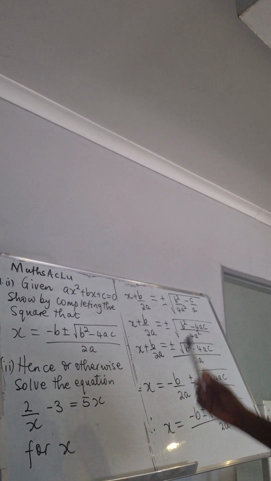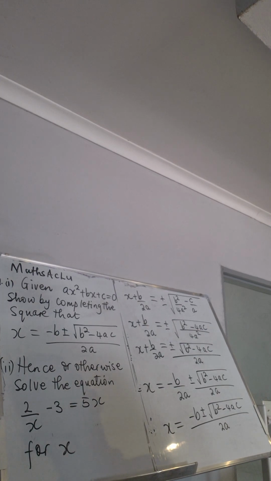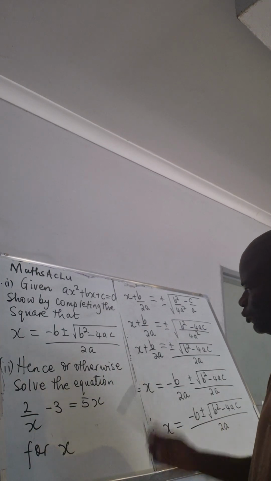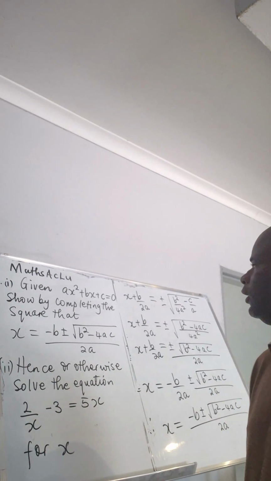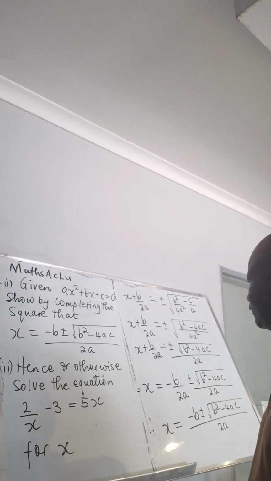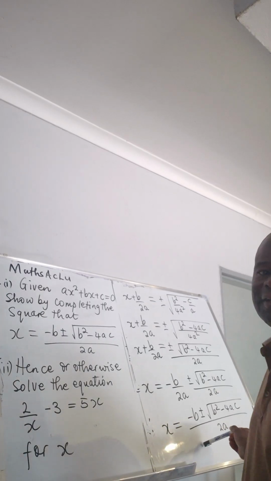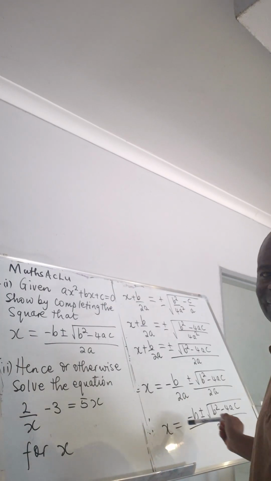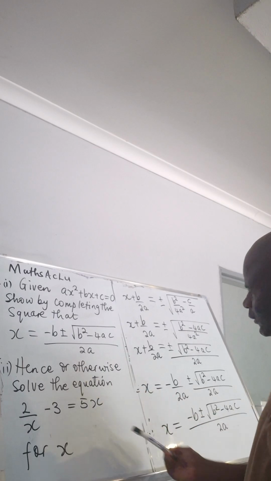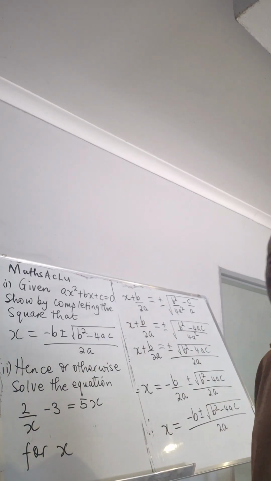Now we go to the second part of the question. It says, hence or otherwise solve the equation. Now, when the question says hence on its own, it means you must use the result from the previous working. Then when it says or otherwise, that means you can start something new.